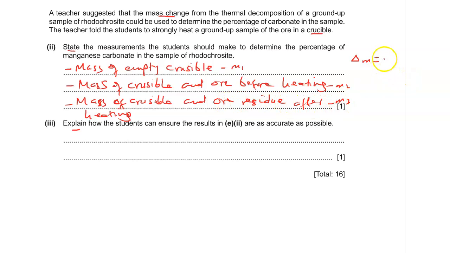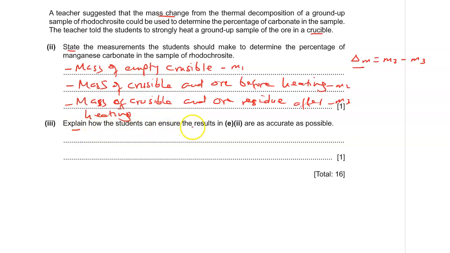It'll be basically M2 minus M3. That can give you the change in mass of the ore. You can also remove the M1 from M2 and M1 from M3, and then find the difference again. It will give you the same thing.